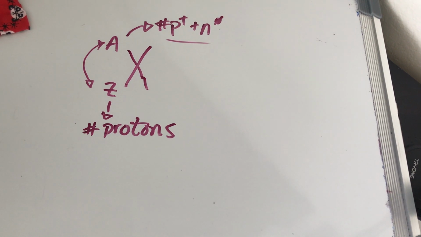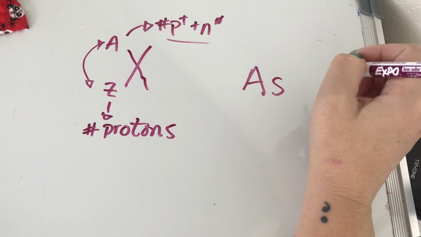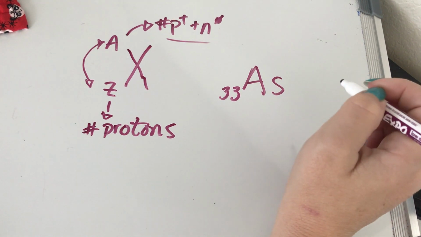Thank you. Yeah, so, I'm sorry, I've got to pull that up again. So we have 33 protons, right? So what's our symbol going to be? AS. Arsenic. That's right. So our symbol will be arsenic. Our atomic number, or number of protons, is 33.